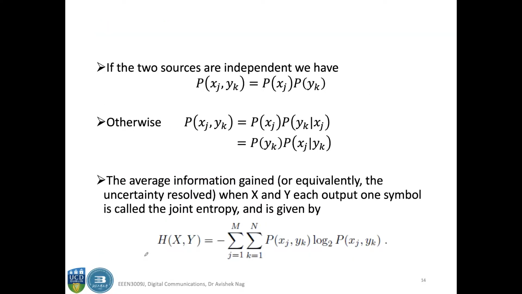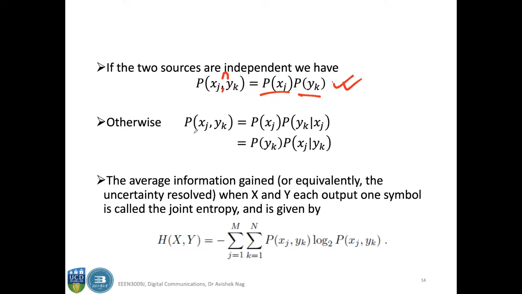So now if the two sources are independent, then we can write that probability of xj comma yk is the multiplication of the individual probabilities, because this comma indicates the intersection. So this means xj and yk, and if both of them are independent, then you can write them as the multiplication of the individual probabilities.